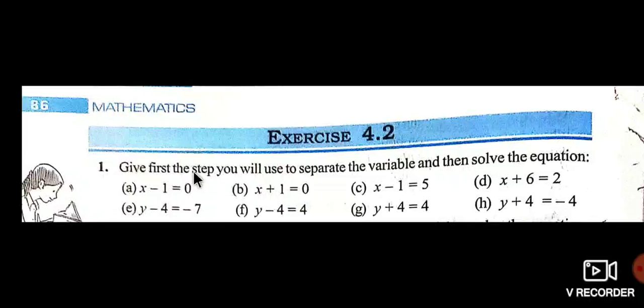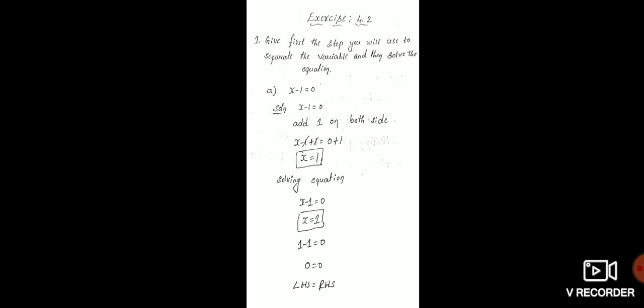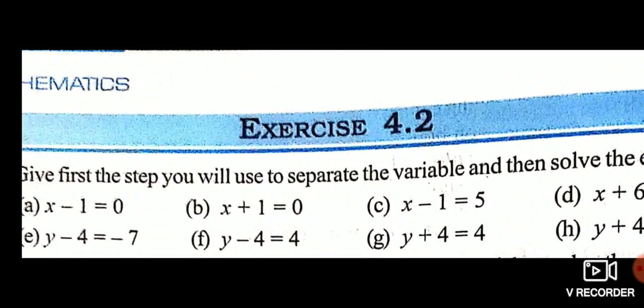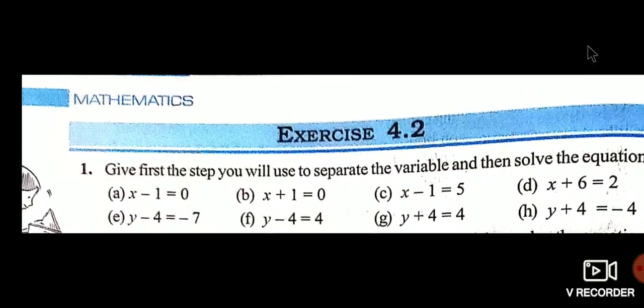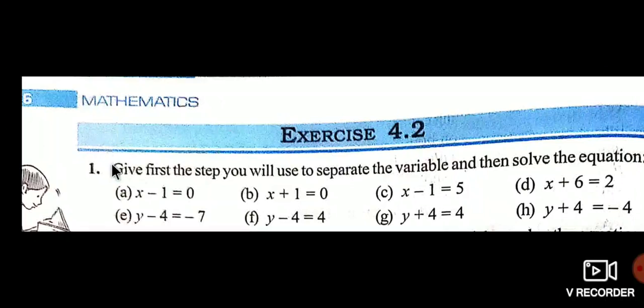First, we have to give the steps to separate the variable, and then solve the equation.